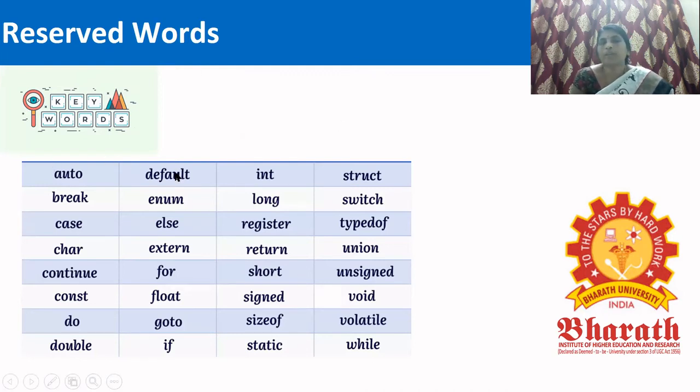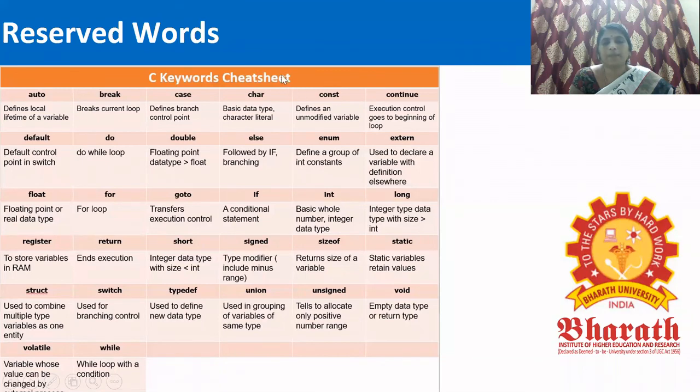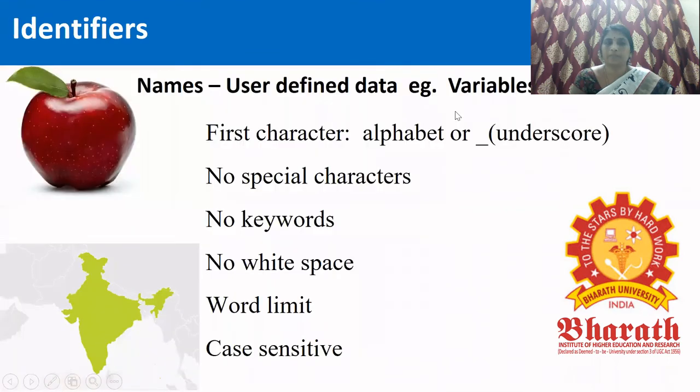Example, auto, default, int, long, switch, return, float, goto, sizeof, all these cannot be variable names. Every time a compiler comes across a particular keyword, say char or const or continue, it will understand the particular process and it gets executed.